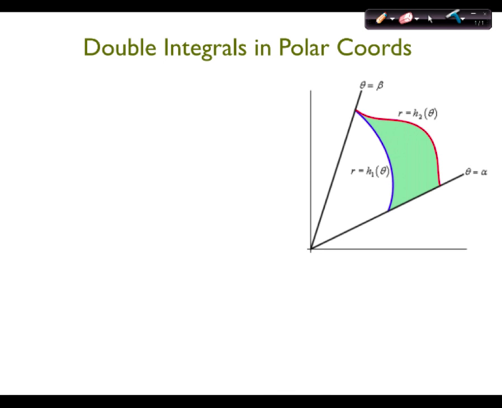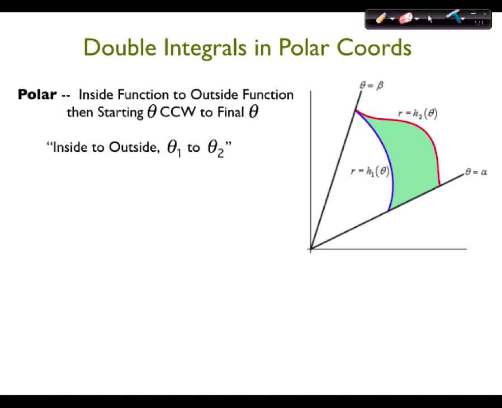So here we have it. I'm showing theta from alpha to beta, and then two functions, h1 and h2 of theta, similar to what we just said. If we're integrating with respect to r, it's not really top to bottom or left to right anymore, but more like out away: starting close to the pole to out away from the pole.